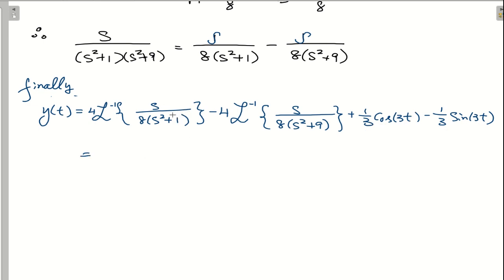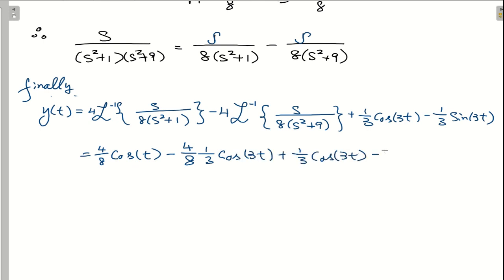And then we take the inverse of this. We got 4 over 8. The inverse of this is equal to cosine t. And the inverse of this is equal to 4 over 8, and the inverse Laplace of this is equal to cosine 3t. So plus cosine 3t minus 1/3 of sine 3t.